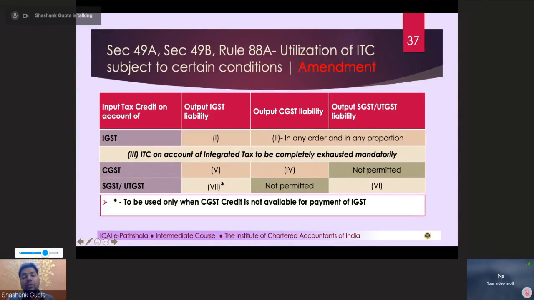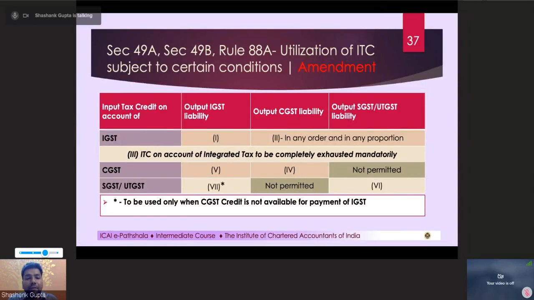Of course, no CGST credit can be utilized for payment of SGST liability. Once CGST is utilized, we move to SGST, which first has to be utilized towards SGST, and the balance, if any, towards payment of IGST. But here is another restriction: SGST will be utilized for payment of IGST only when CGST credit is zero.